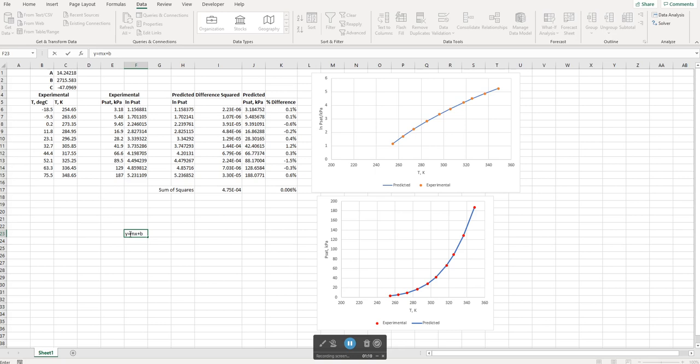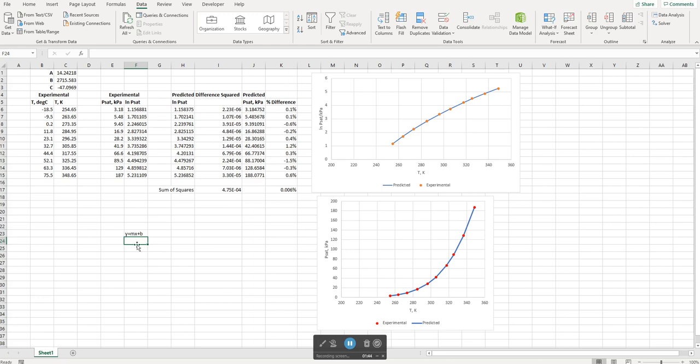You are given a whole bunch of data points, and what you want to do is find the equation of a line that fits those data points. The way we can do this is your calculator can do it for you. Excel has automated routines that do this for you. You can do this in MathCAD, MATLAB, Python, just about anything.